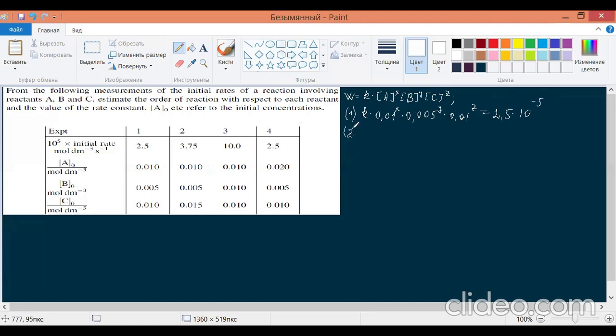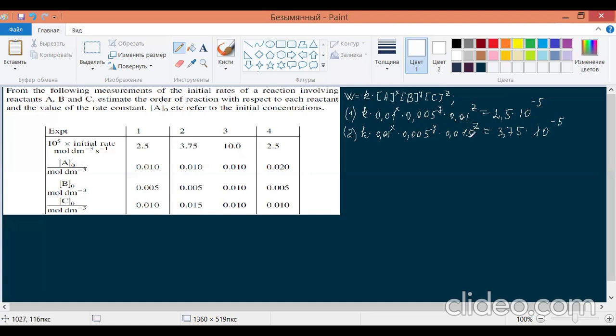For the second experiment, we can write that it's k times the concentration of A is the same. The concentration of B is the same. And the concentration of C is 0.015 raised to Z, and the value of the initial rate is 3.75 times 10 raised to minus 5.